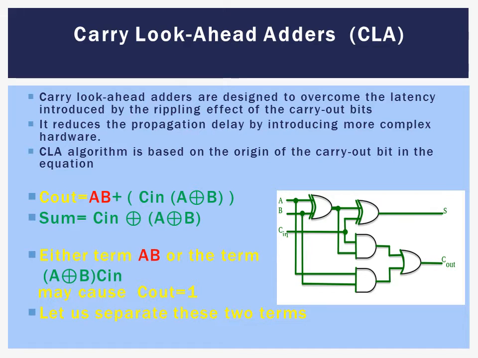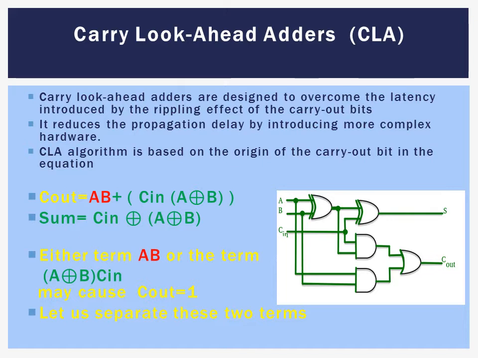Now you will note that either the term AB or the term A exclusive or B into C in is responsible for generating the carry. That means in the carry out bit these are the two terms, A into B and C in into A exclusive or B. So if any one of these terms is 1, then C out would be 1.